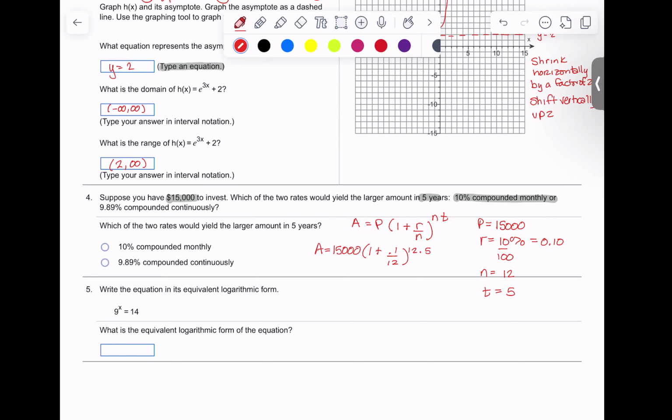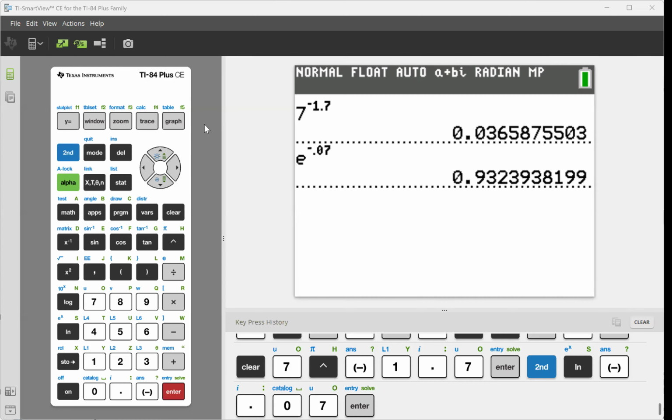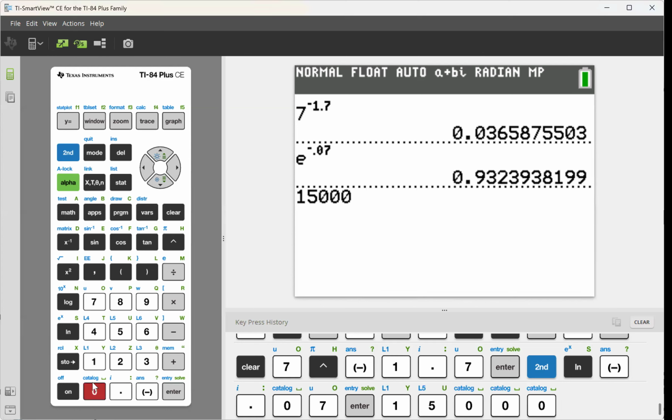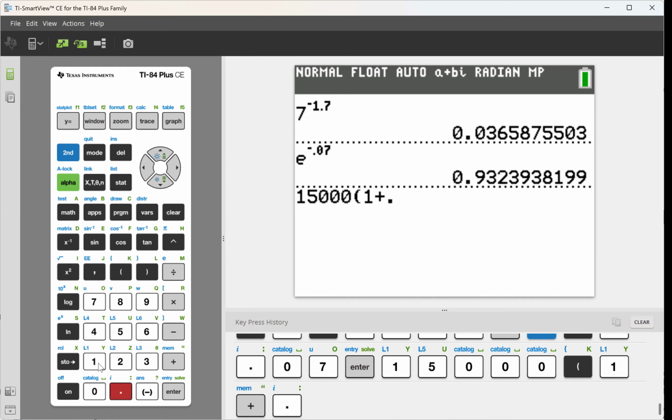So I'm going to go to my calculator and do this. All right, so I have 15,000 times, I'm going to open those parentheses, 1 plus the interest rate, which is 0.1, divided by the number of compounding periods in a year, which is 12.